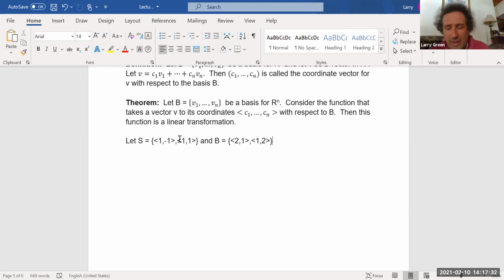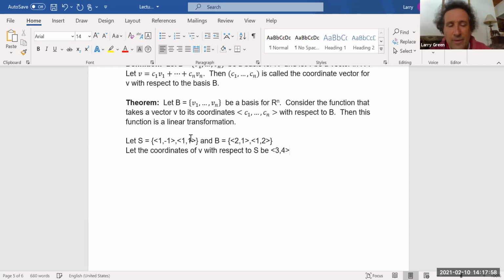What I want to do is let's suppose that the coordinates of V with respect to S are (3, 4).